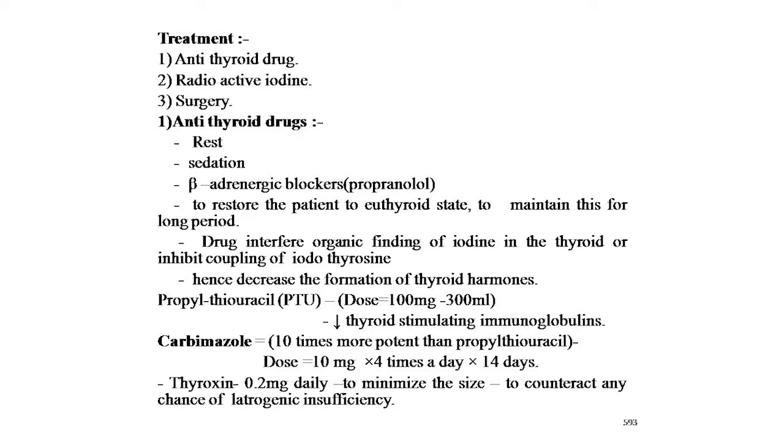Propylthiouracil, that is PTU, dose is 100 mg, which decreases thyroid stimulating immunoglobulins. Carbimazole is 10 times more potent than propylthiouracil. Dose is 10 mg four times a day for 14 days. Thyroxine 0.2 mg daily to minimize the size of the gland and to counteract any chance of iatrogenic insufficiency.